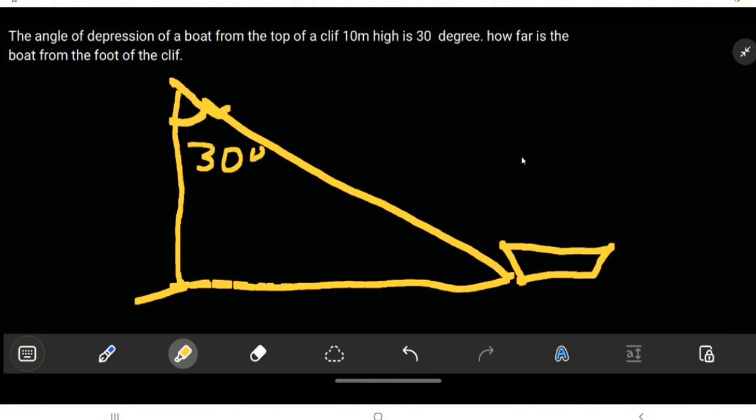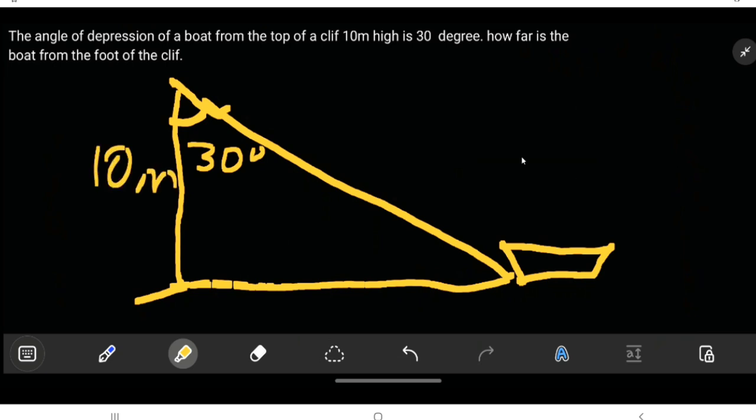The angle of depression is 30 degrees, and it asks how far is the boat from the foot of the cliff. The cliff is 10 meter high, so here it becomes 10.